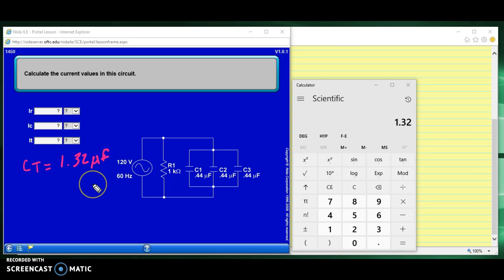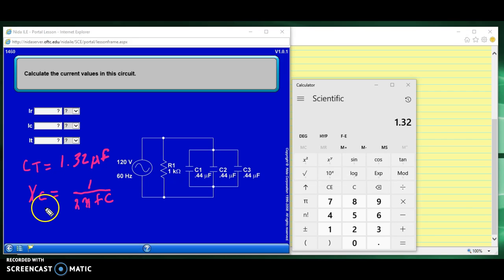Now we've got to get the X sub C to get the equivalent value of that. X sub C is 1 over 2 pi FC.